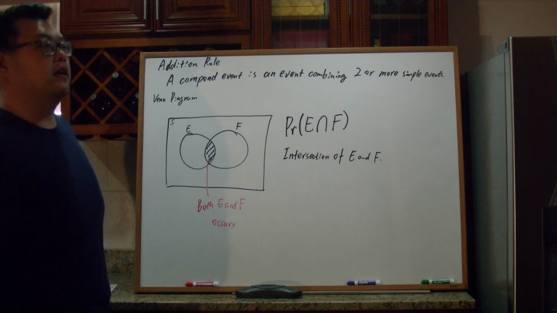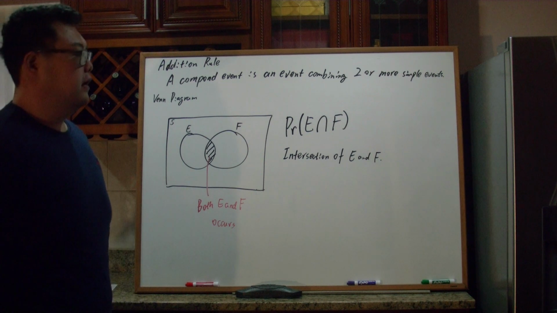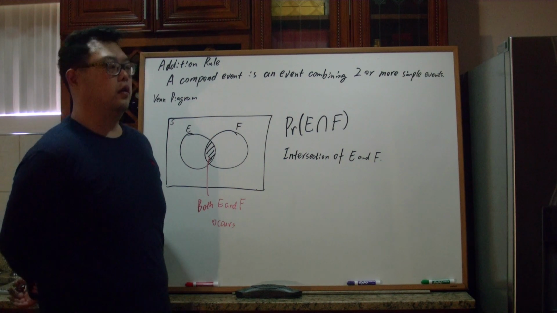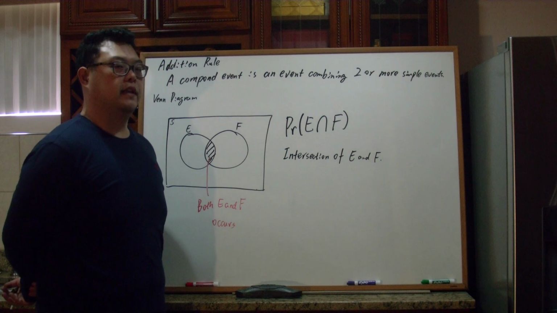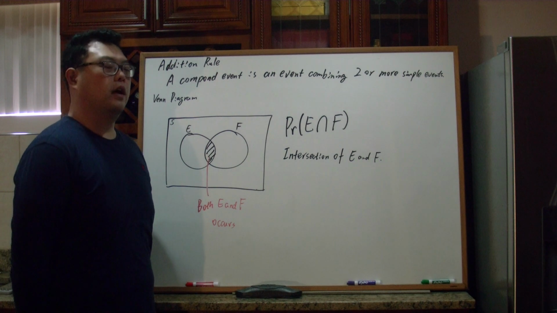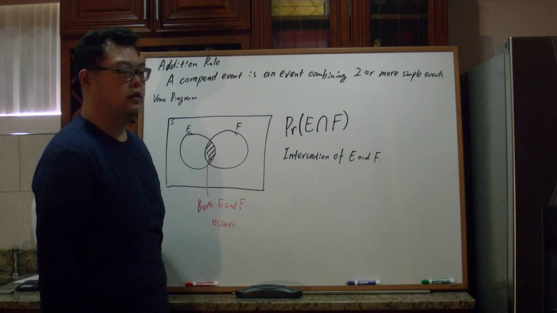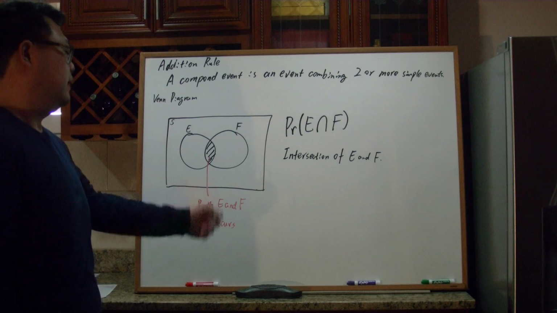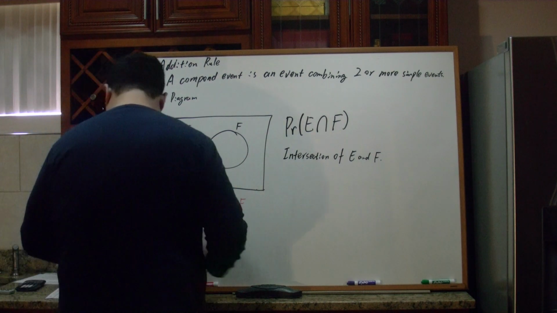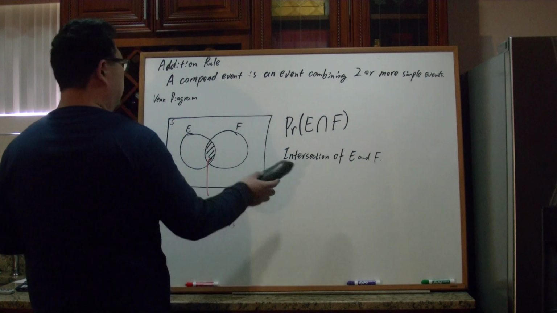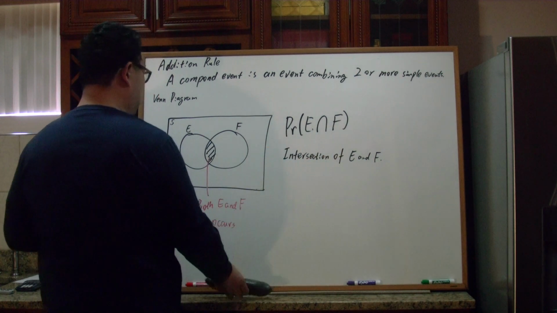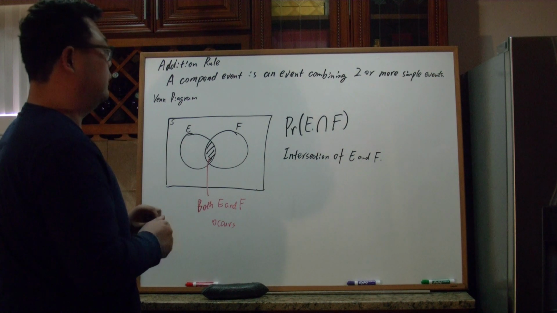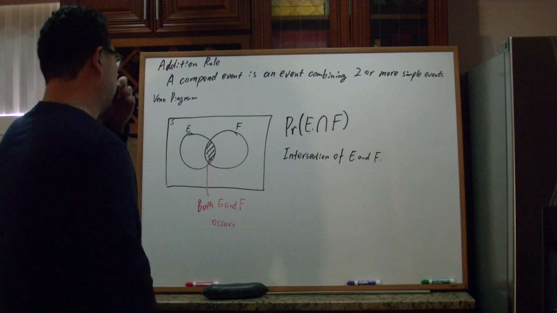To get a red card has probability of a half. Getting an ace has probability of 1/13. But to get a red ace, that will be 2 out of 52 only, that is 1 over 26. Right, so that is the intersection of two events. For E and F, we consider the conditions together, to view the outcomes that satisfy both of the conditions.